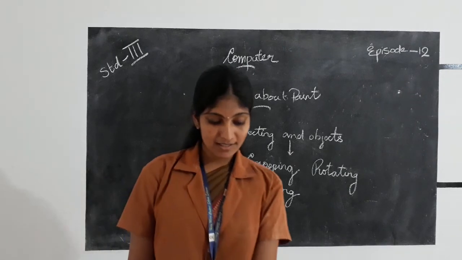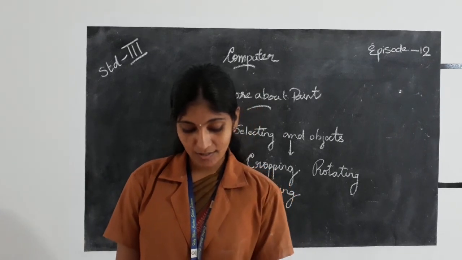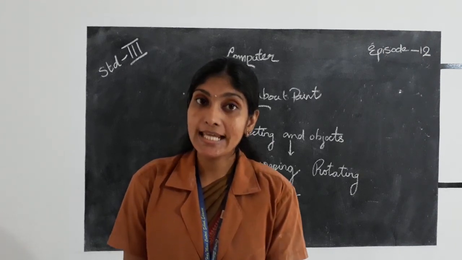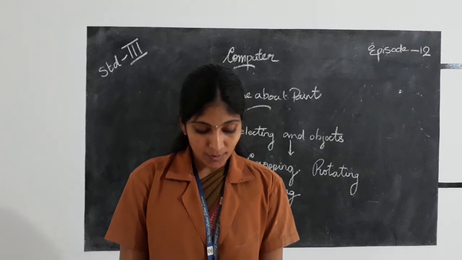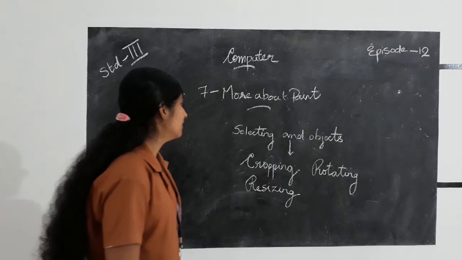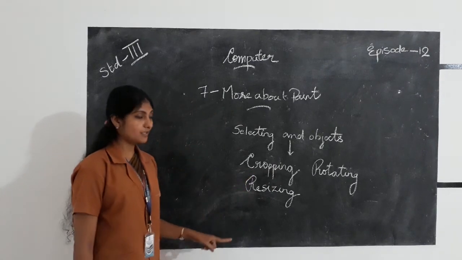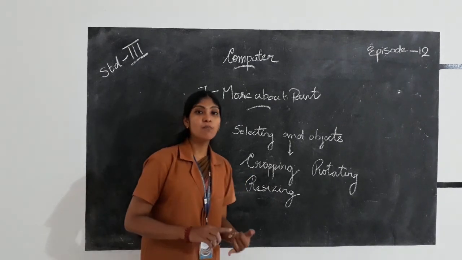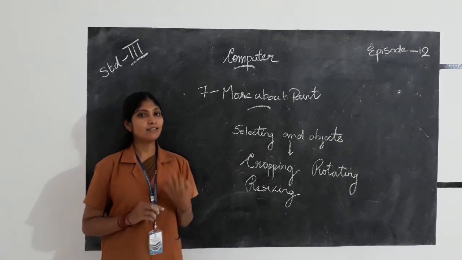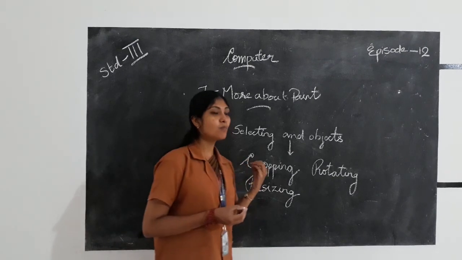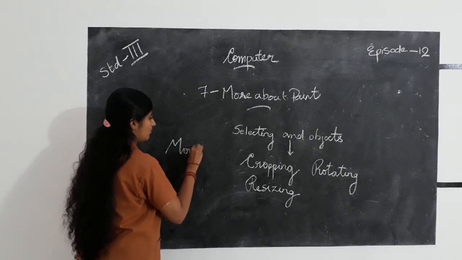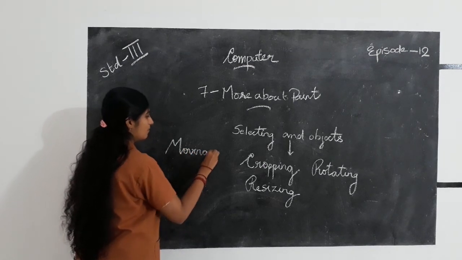In Paint, if you want to make a change to a certain part of a picture, you need to select that part and then make the changes required. That means resizing, cropping, rotating, and also we can move the selected object, copy the object, cut the object, etc. Moving, M-O-V-I-N-G, the object.